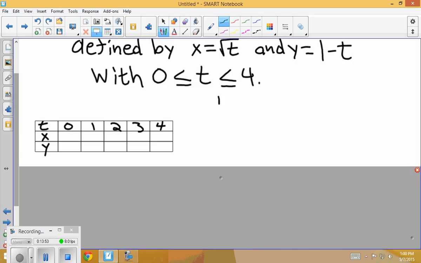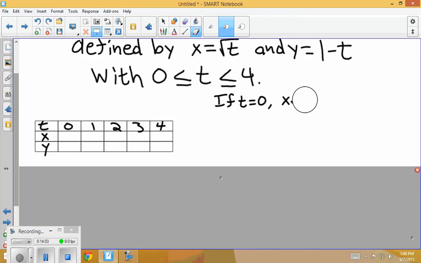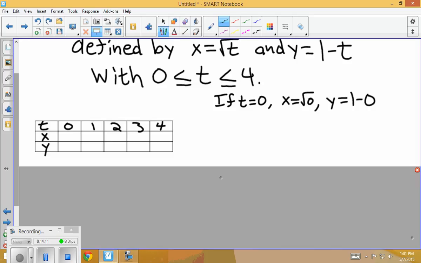So if t equals 0, then x is equal to the square root of 0, and y is equal to 1 minus 0. In that case, x is equal to 0 and y is equal to 1. So we can put those in. x is 0, y is 1.